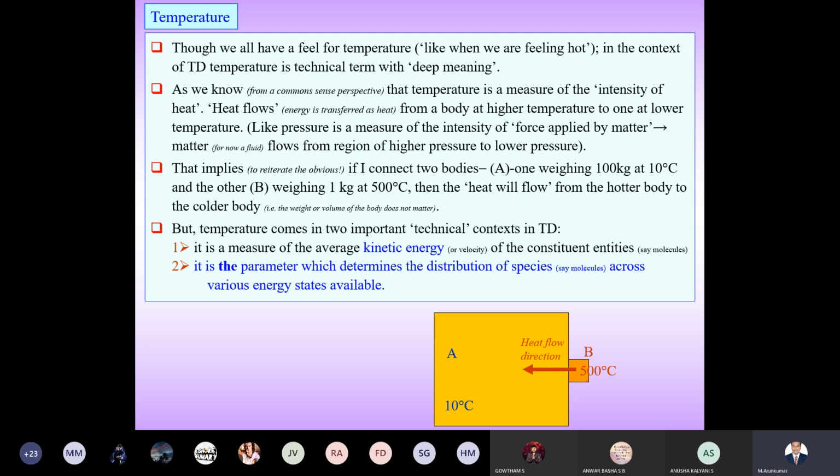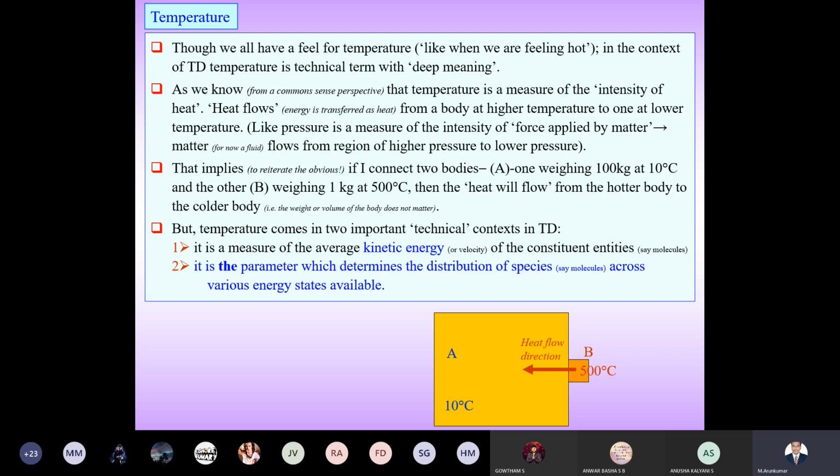So at any instant, temperature is the average kinetic energy of the molecules. Also, it is the parameter that determines the distribution of molecules across the various energy states. It is called temperature. So we can derive these two important technical points in thermodynamics.